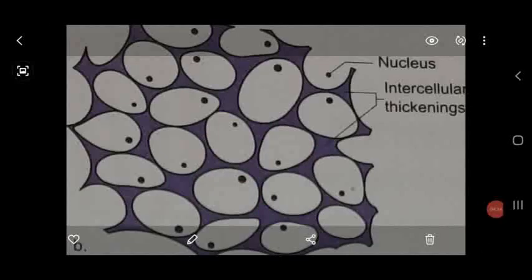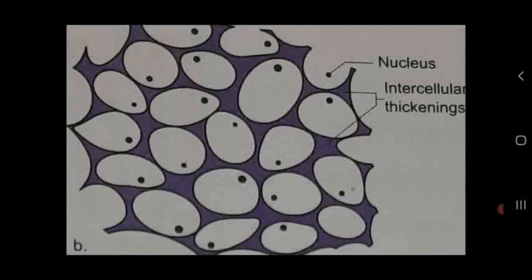Dear students, this is another type of collenchyma. See, the cells are arranged with a lot of intercellular spaces. That means the gap between the cells, that is called intercellular spaces. Those spaces are covered with thickenings.